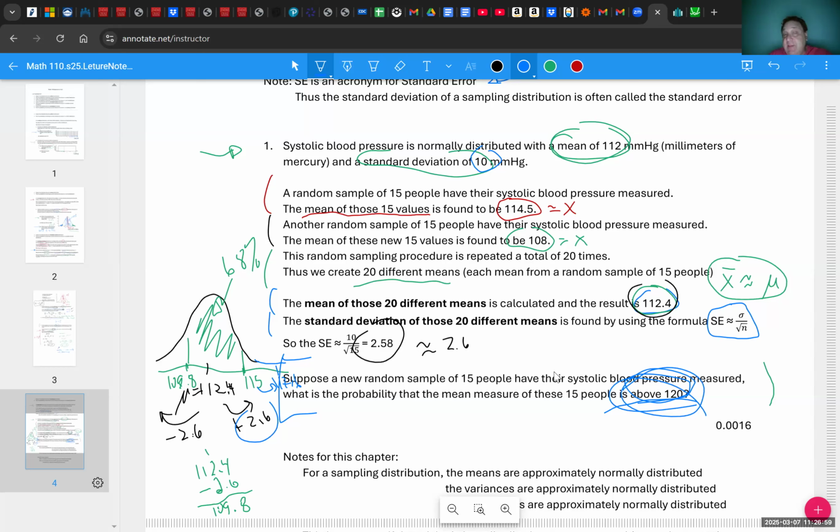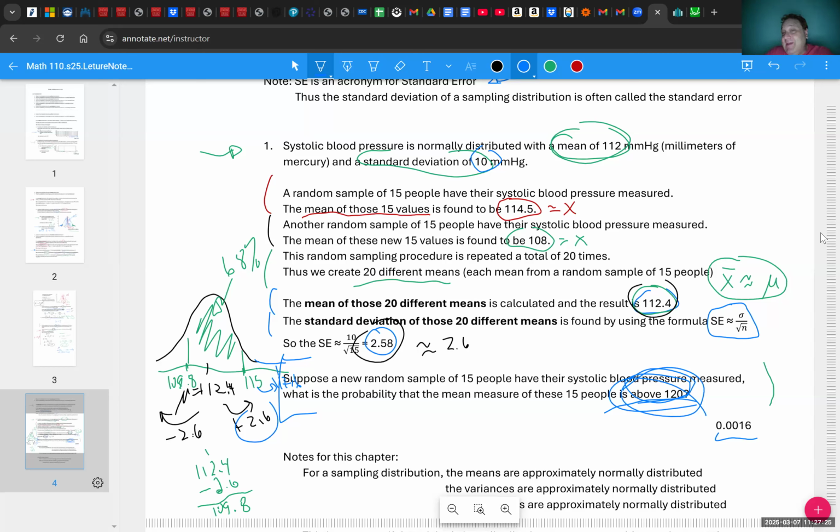So by doing a calculation of the sample, you get a much more compact normal distribution, what we call a sampling distribution. I think the number I got here was slightly different than the one I got in StatCrunch, because I think when I did it before, I used the 2.58 instead of 2.6, but it should be very, very close.